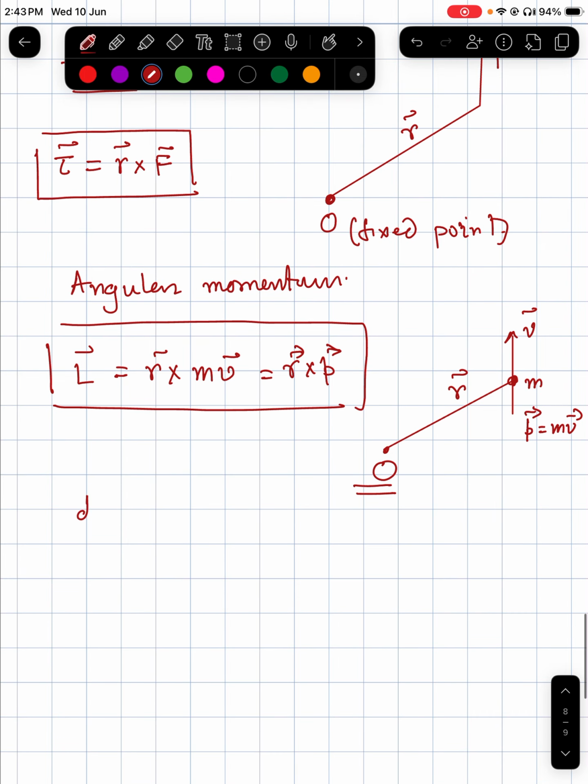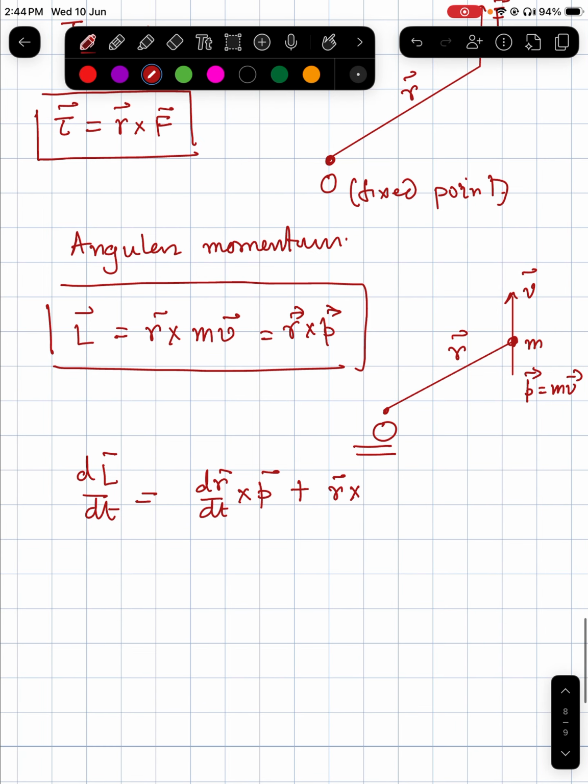So if I differentiate, dL dt, then it becomes dR dt. So I'm going to use the UV rule. First I'm going to differentiate R, leaving P intact, and then I am putting the plus sign as default and keeping the R outside the differentiation and taking the differentiation of the latter quantity, that is dp dt.